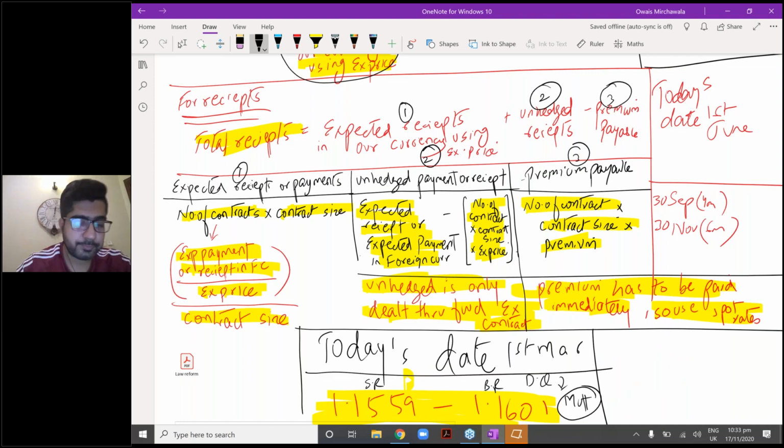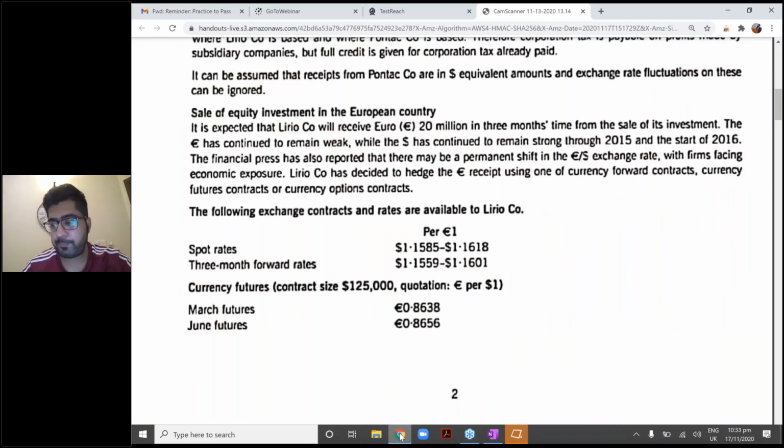The first step: if we are receiving money after 3 months, the only relevant rate is the 3-month rate. So I highlighted only the 3-month rate. Second thing is the quote.